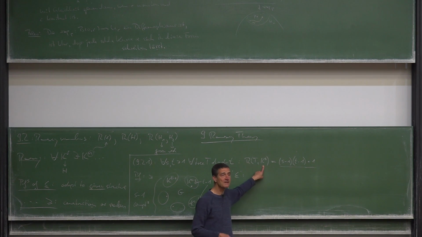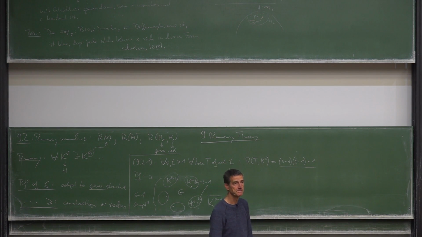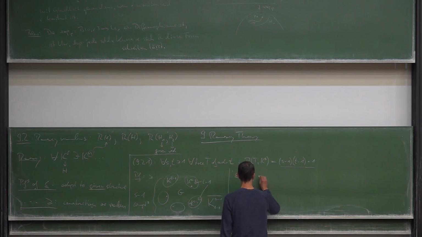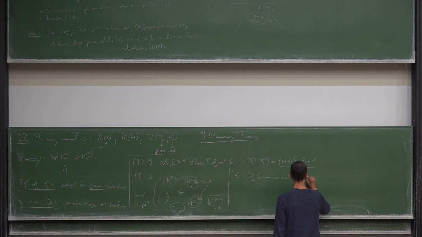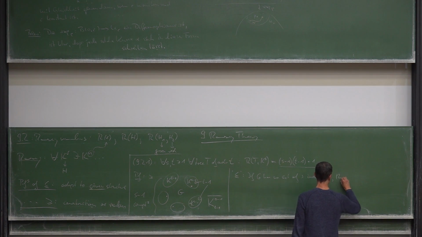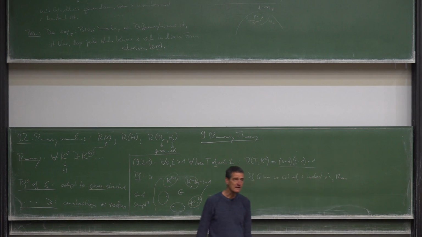So suppose we don't have S independent vertices. What can we say? Well, if G has no set of S independent vertices, then think of coloring.